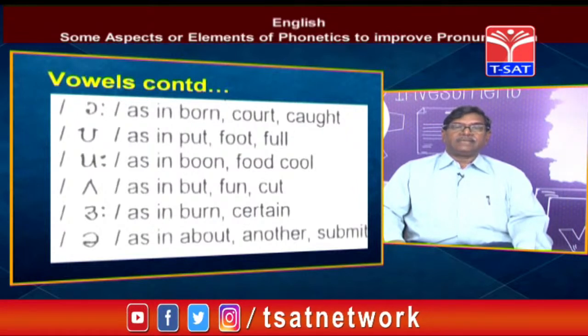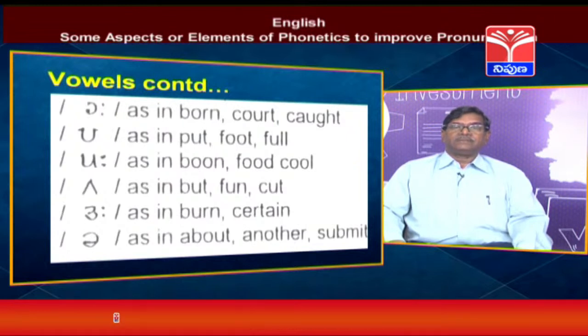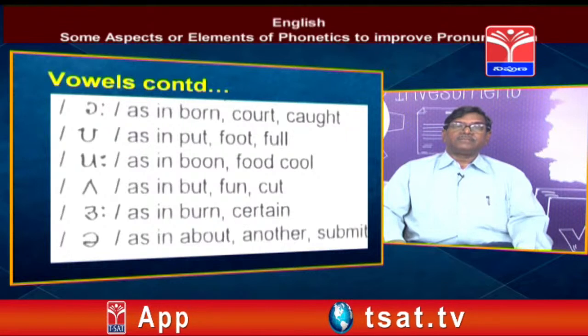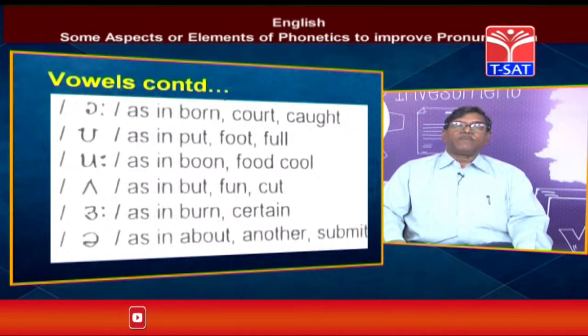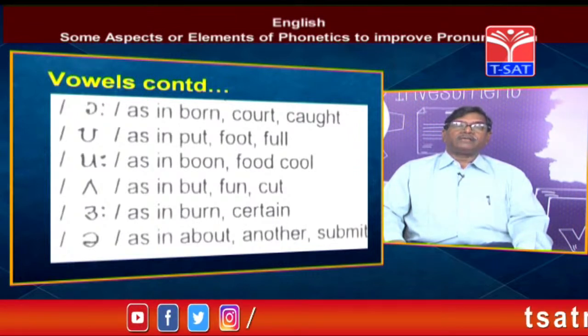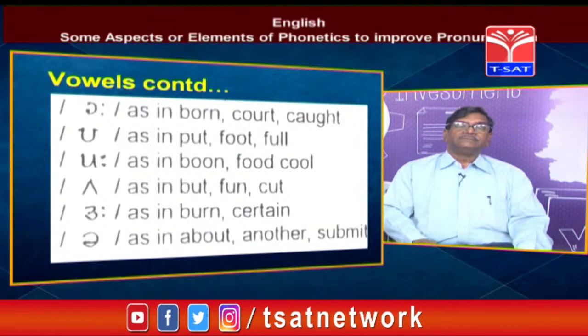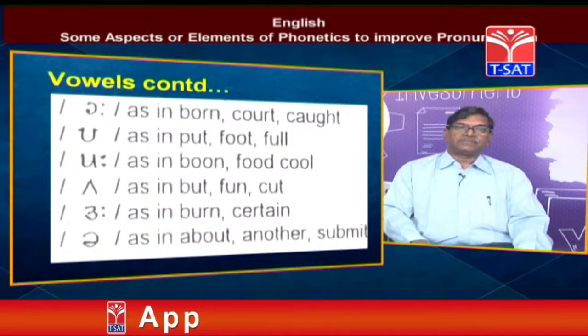In another, the initial sound, and in about, the initial vowel sound is the same. So, that is the symbol of the weak and short sound. These are 12 pure vowel sounds.